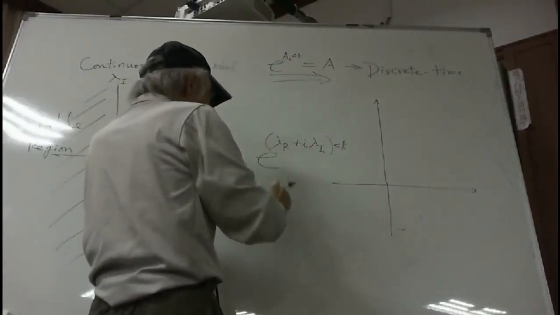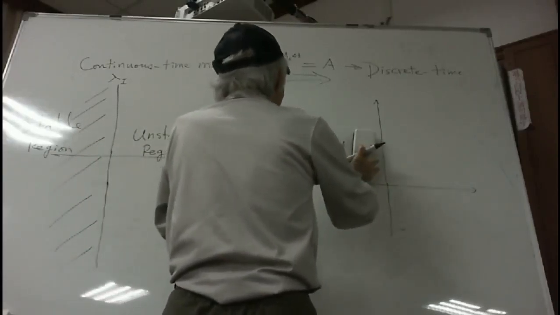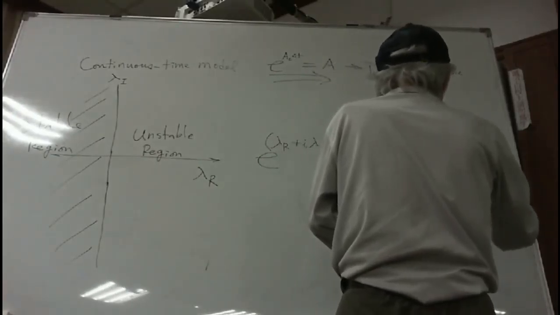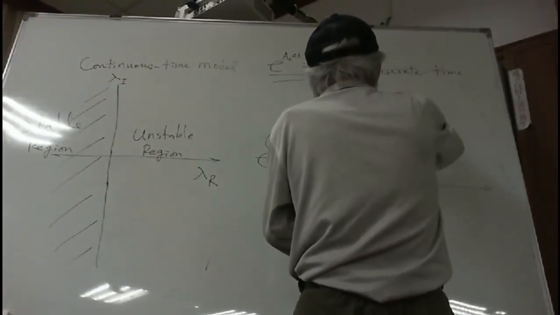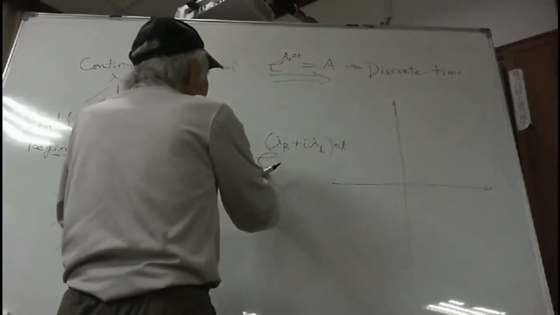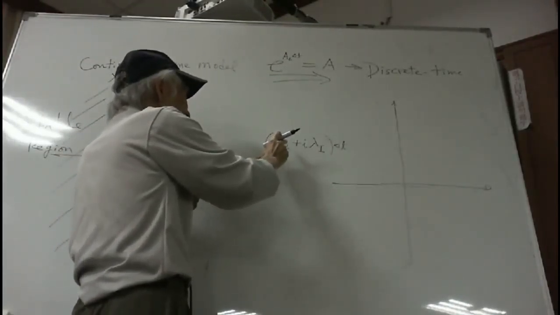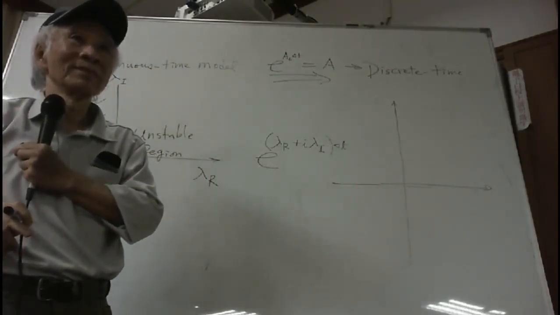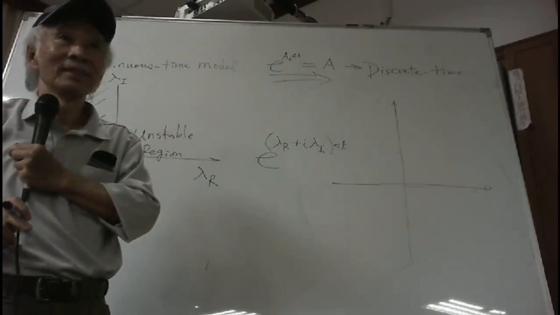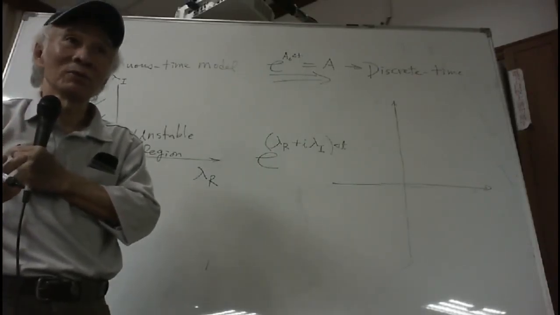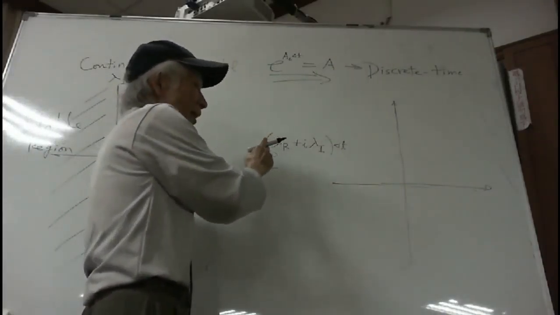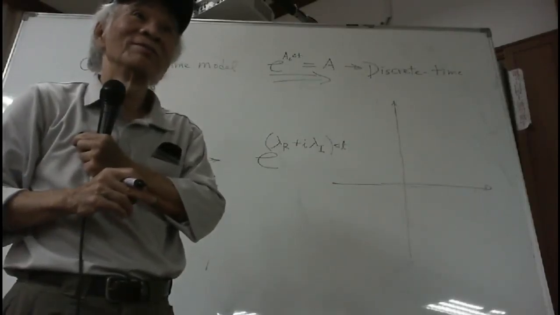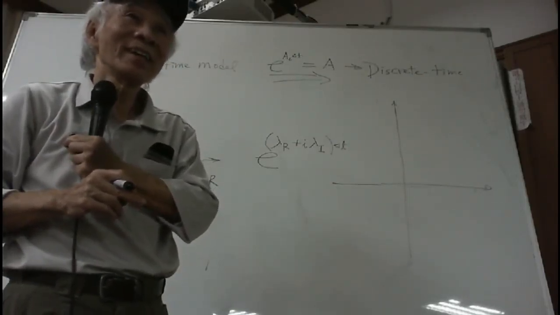So for the stable region, e to the negative lambda r times delta t, what does that mean? I know it's stable. If e takes a negative exponent, can it be larger than 1? No. Right?